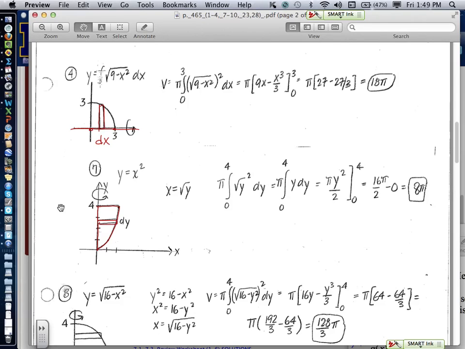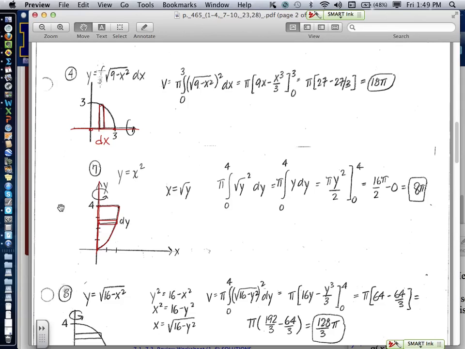So anytime you rotate around the y-axis with the disc method, your rectangle is going to be horizontal. The rectangle and the axis of rotation are always perpendicular. That's always a big hint. So if you have a horizontal rectangle, then we just have to set everything else up in terms of y.